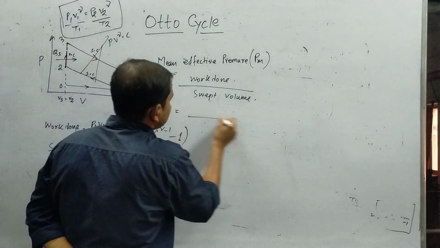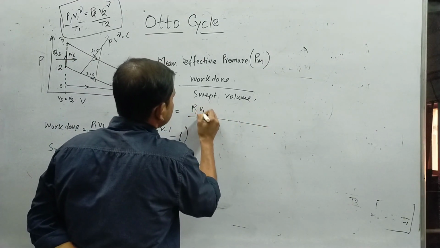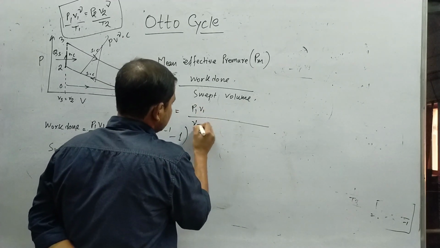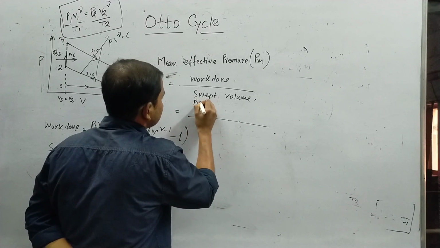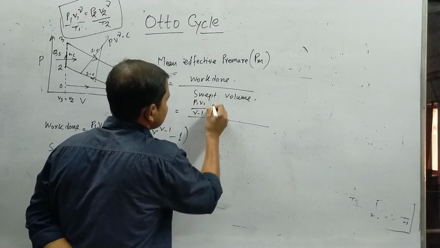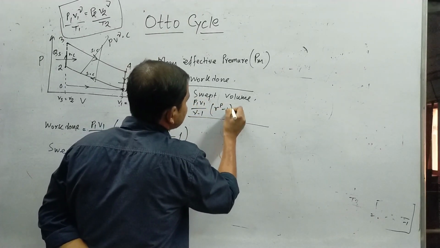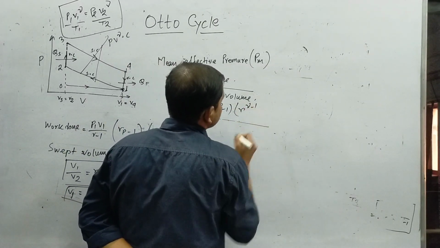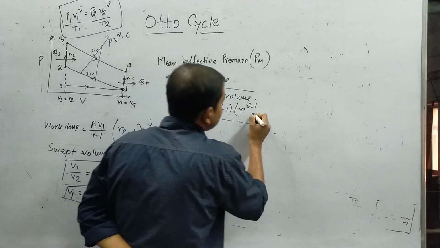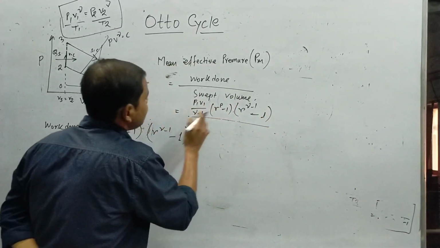Now we know the work done: P1 V1 divided by gamma minus 1, into Rp minus 1, the pressure ratio minus 1, into compression ratio R to the power gamma minus 1 minus 1.